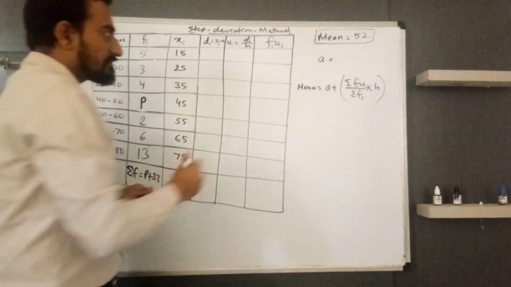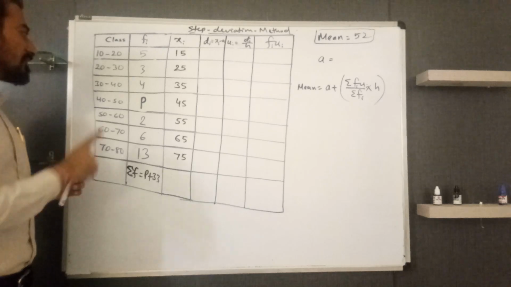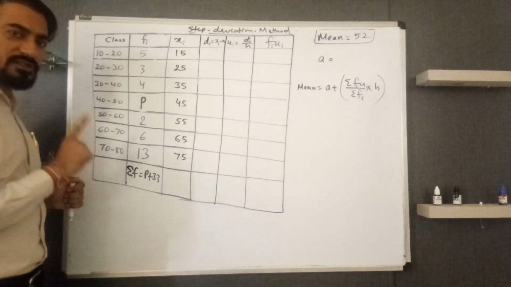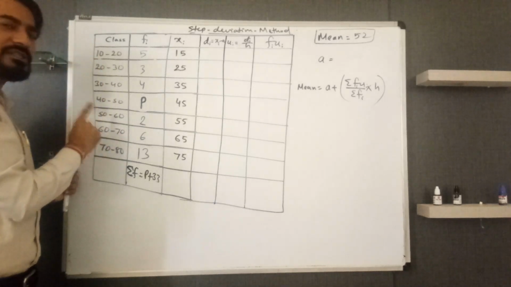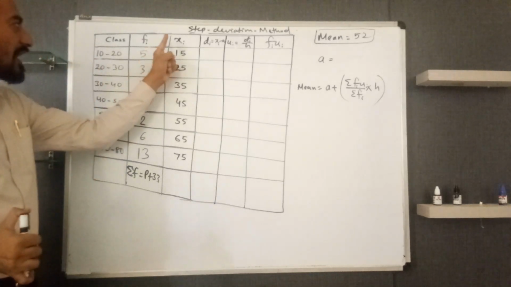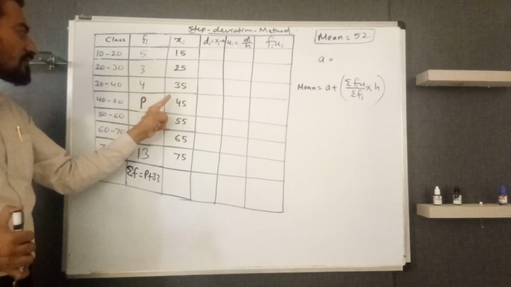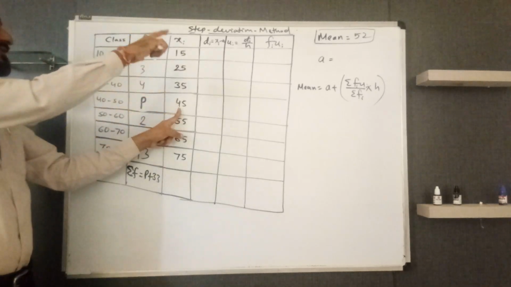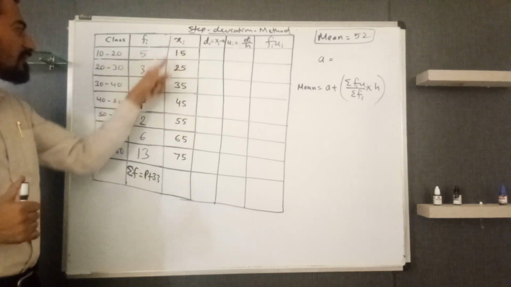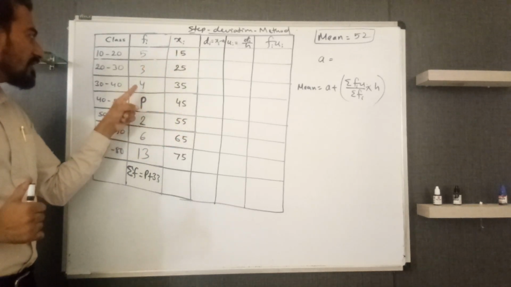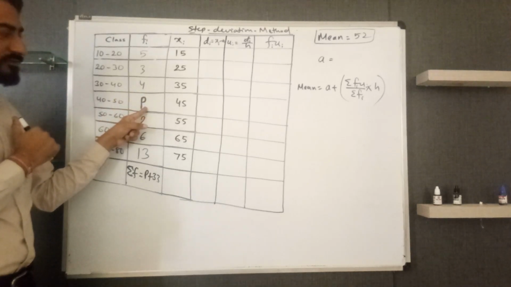So here A. So in case of one missing frequency, just keep it in your mind. In case of one missing frequency, the class mark respective to the missing frequency should be taken as the assumed mean.